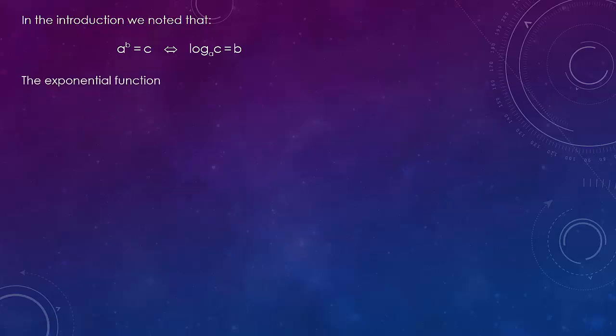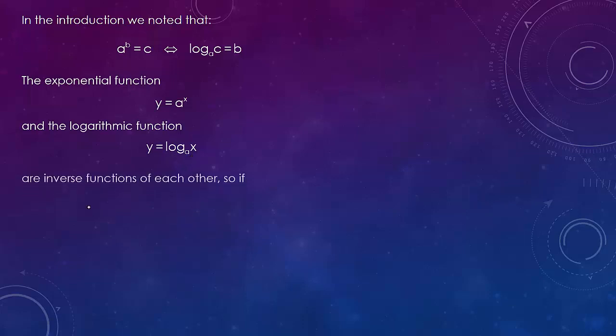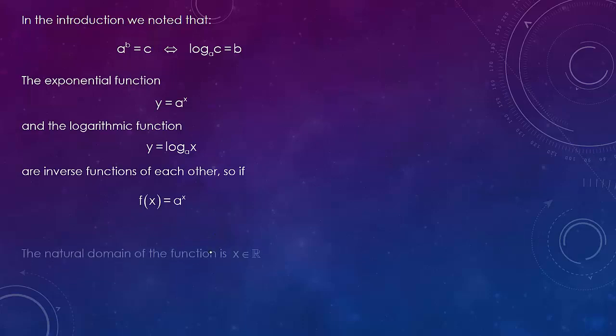The exponential function y equals a to the x and the logarithmic function y is equal to log to the base a of x are inverse functions of each other. So if we have f of x is a to the x, the natural domain of the function is all reals.